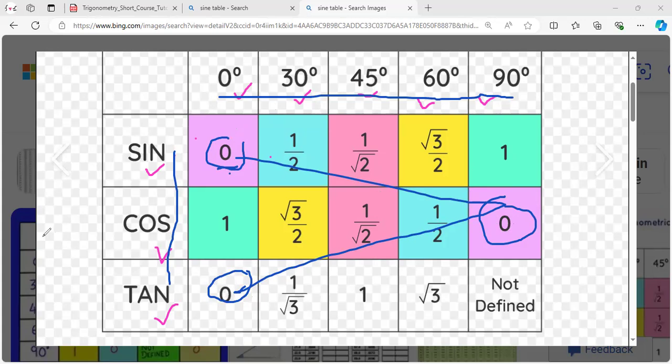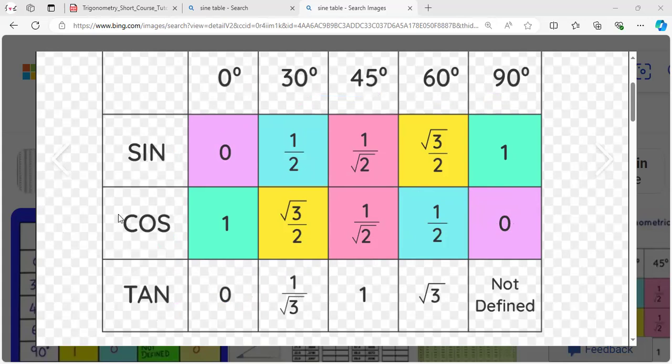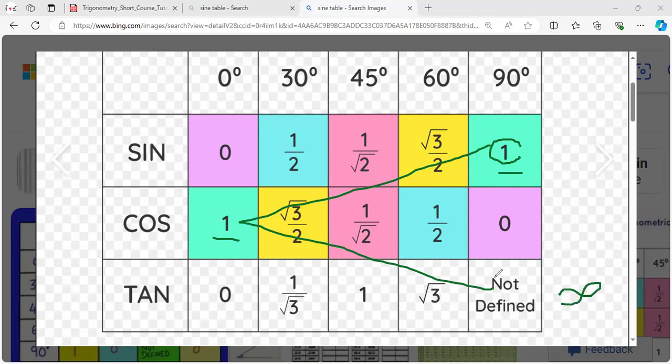And if you take the exact opposite, the other triangle, it consists of ones. So sine 90 is 1, cos 0 is 1, and tan 90 is infinite, so it is not defined. You can just remember it as infinity.